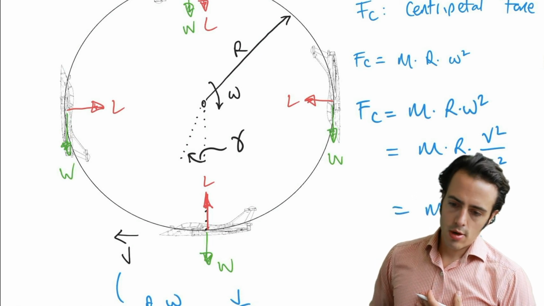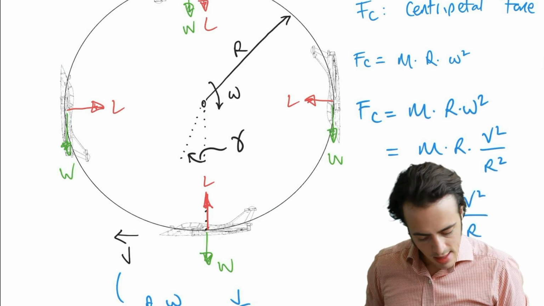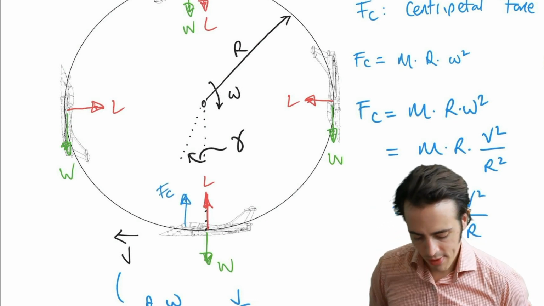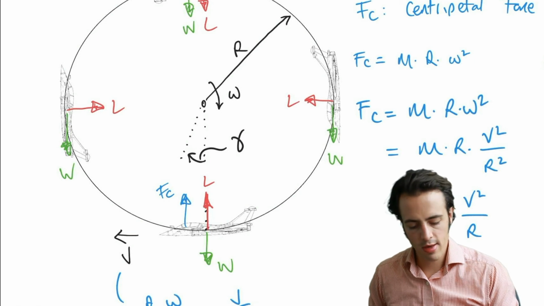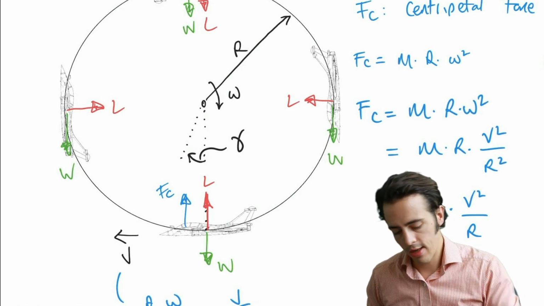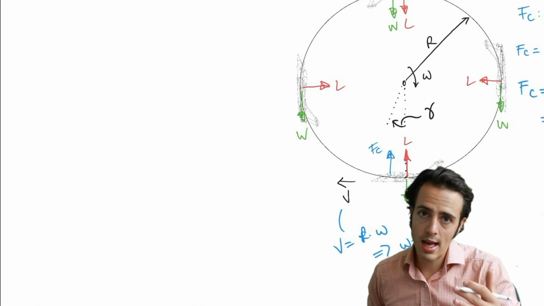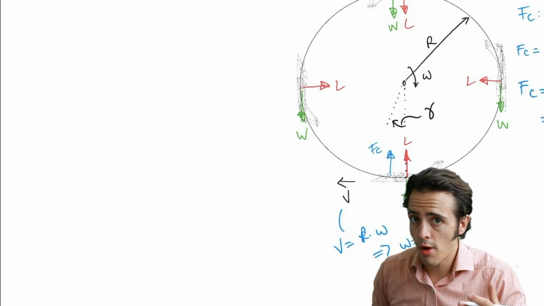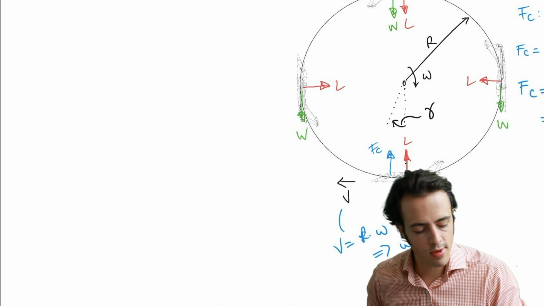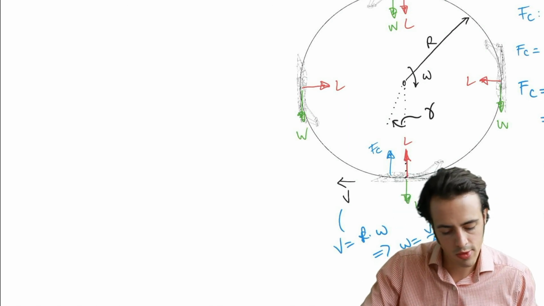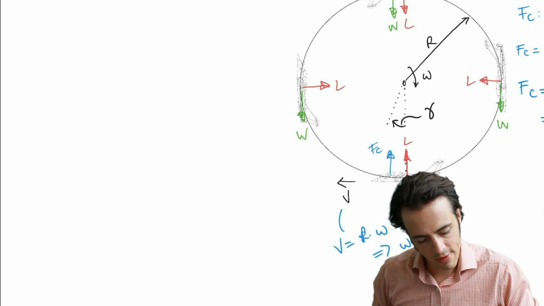So in order to maintain this total force, Fc has to be the total force present that's pulling the aircraft into this circular arc. So that has to be produced by the lift, and the lift also has to overcome whatever the weight vector happens to be at that time, or the component of the weight vector that's acting towards it. So let's have a look at what our lift has to be equal to.